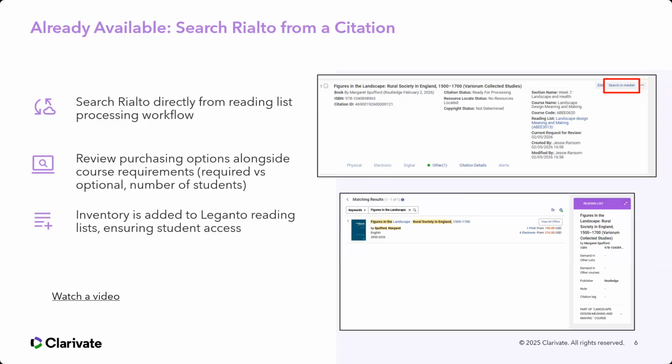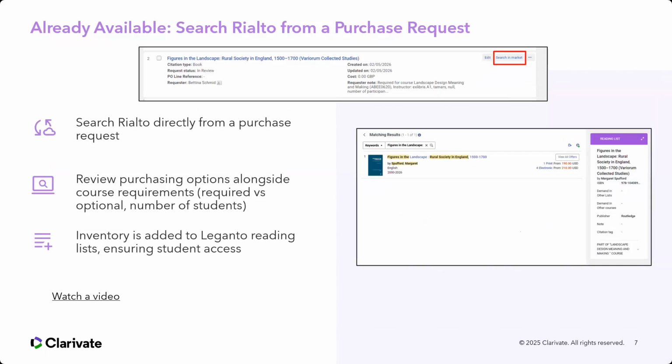And then the other one that's been around for, I think, even longer is the option to search Rialto from a purchase request. So if you are not purchasing directly from reading lists, but instead you're kind of routing them through an acquisitions purchase request workflow, then from that purchase request is the same thing. So you can navigate from the purchase request to the Rialto marketplace, see all the offers that are available, make the best choice for your needs.